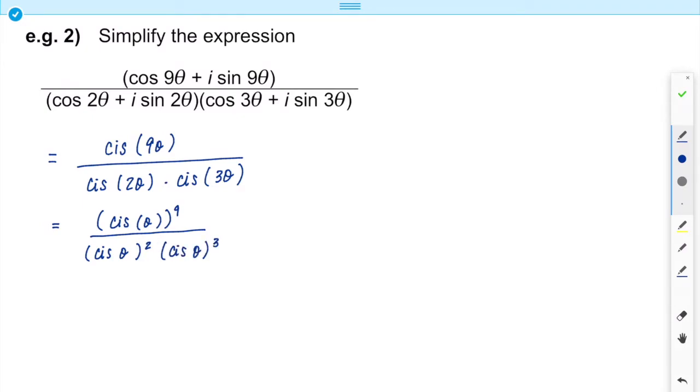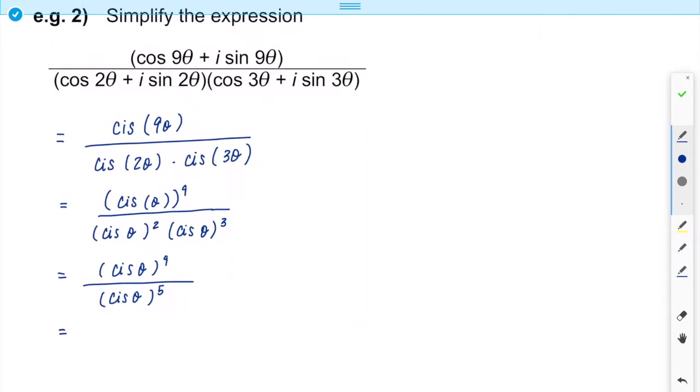So using exponent laws, the multiplication here gives me cis theta to the power of 5, and then dividing the two powers, I have cis theta to the power of 4. And then if we bring it back to rectangular form, just like how the question was expressed, this really is cis 4 theta, or cosine 4 theta plus i sine 4 theta.